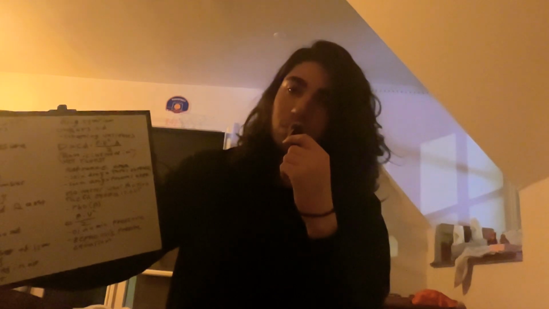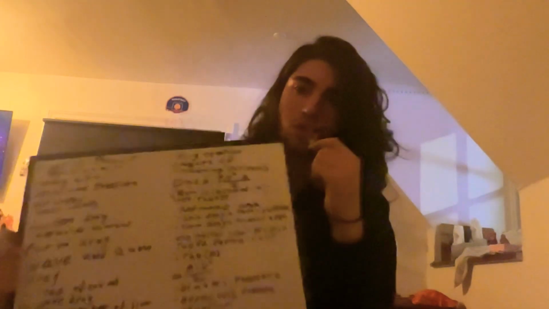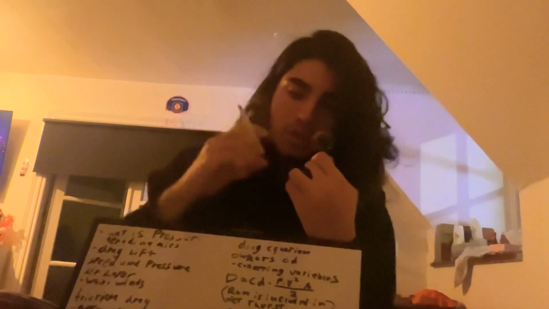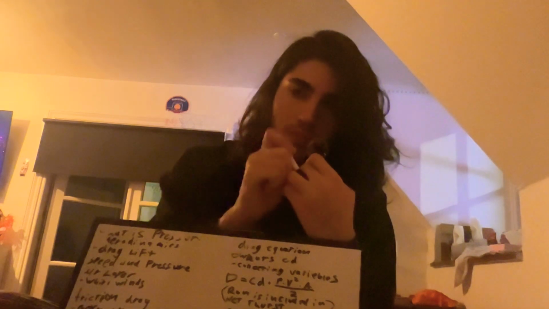There's also rho times velocity squared divided by 2. That's called the dynamic pressure, which is a part of Bernoulli's pressure equation, which is something I found interesting. It's also a part of drag, but it isn't that important to know. That is it. That is drag simplified 101 part 1.